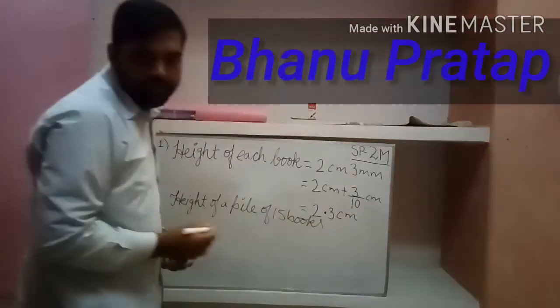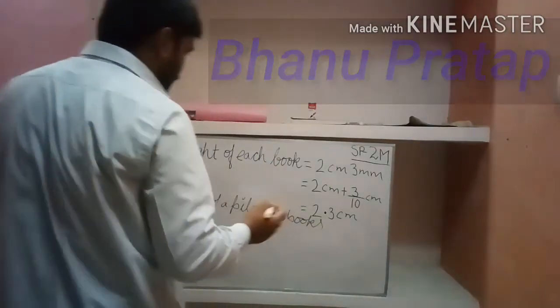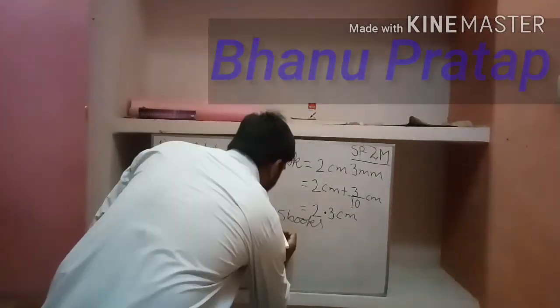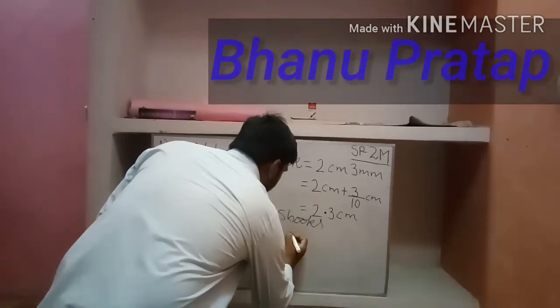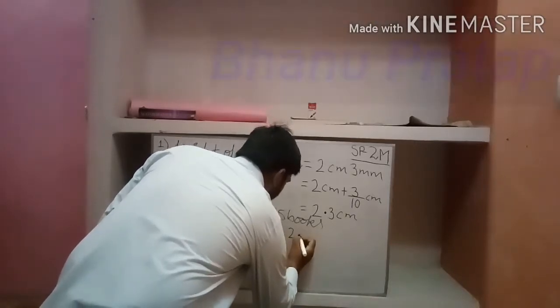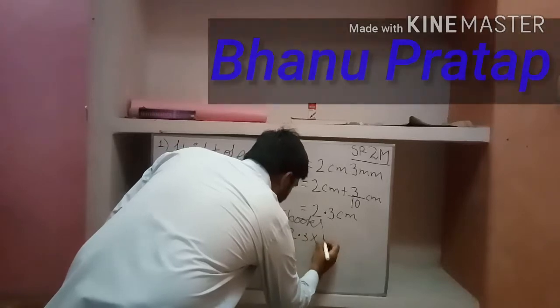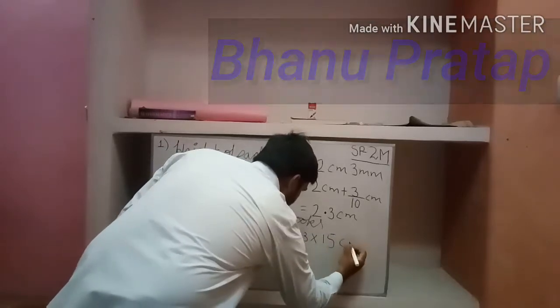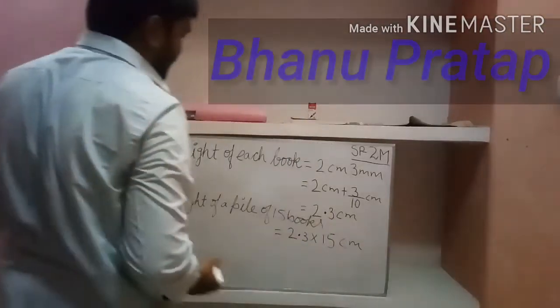Therefore the height of a pile of 15 books is equal to, see what will be that height. So height of one book, that is 2.3 centimeter multiplied by 15. Then that will be the result in centimeter.